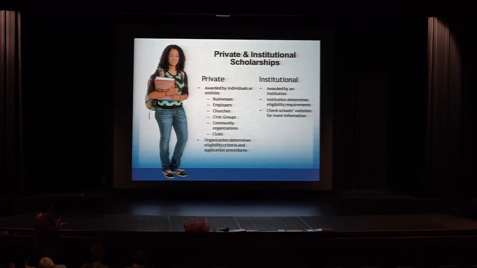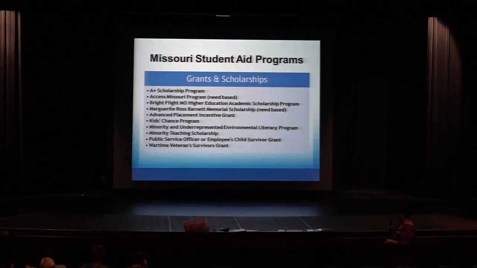They are awarded by that institution, and they determine the eligibility requirements. The school's websites should indicate all of those institutional aids that are available. My daughter was 2 points away from an institutional scholarship. It's always a good thing to take a look because we're talking $2,500 a year. Wouldn't that be great?